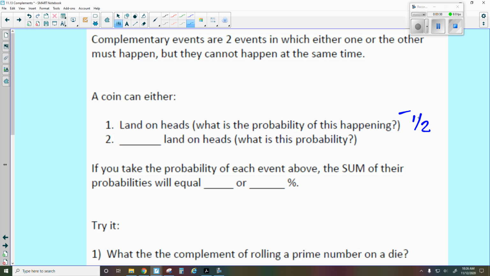There's 1 head out of 2 outcomes on a coin, or not land on heads. And that probability, again, not heads is tails, right? And there's 1 tail out of 2. If you take the probability of each event above, the sum of their probabilities will equal 1 or 100%. 1/2 plus 1/2 equals 1.